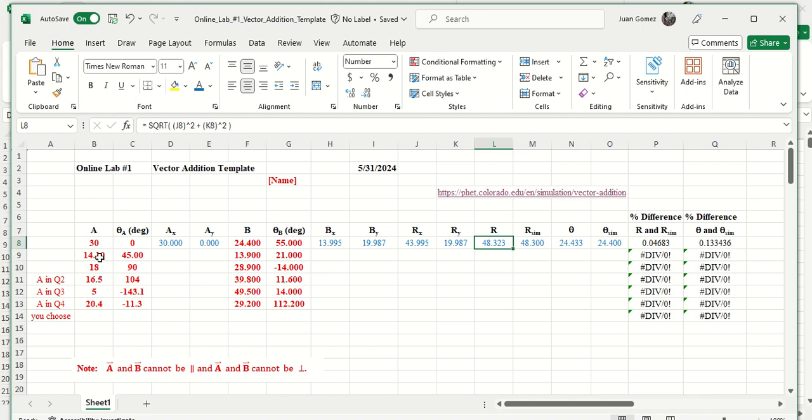I'll now make A to be a magnitude of 14.1 at an angle of 45. And now the nice thing is with Excel, you don't have to retype these formulas. You can go ahead and just copy them down. So notice here, let me click outside.